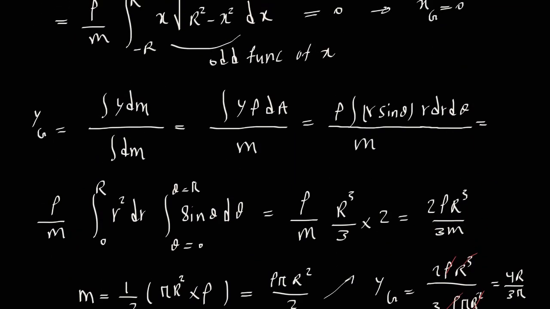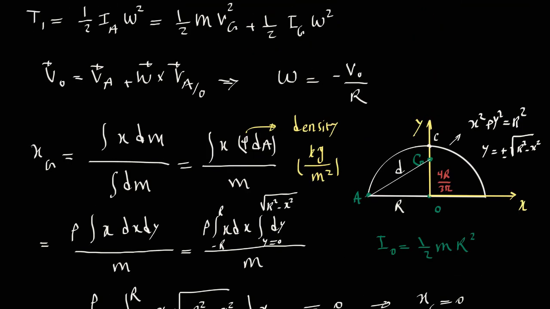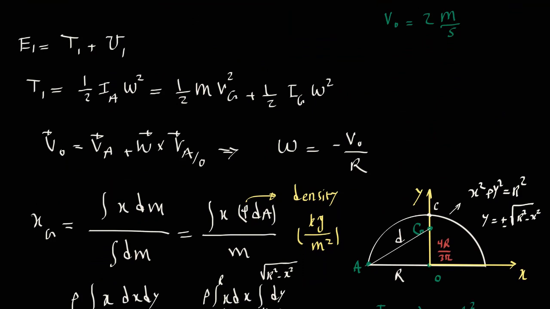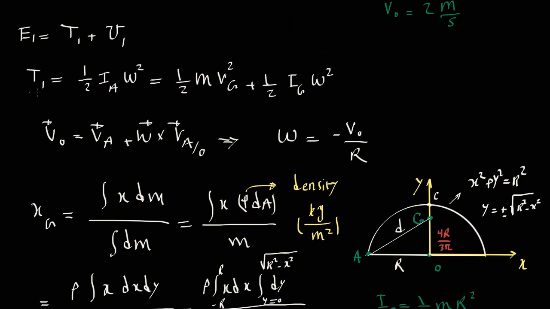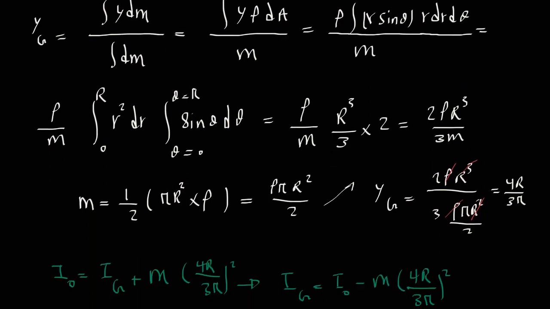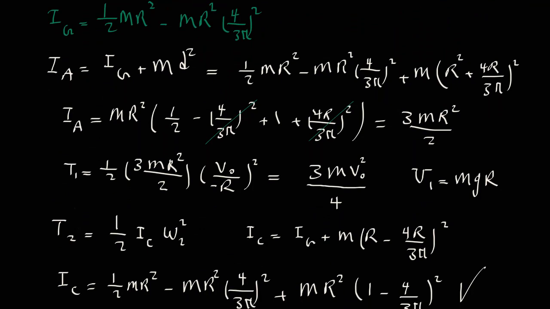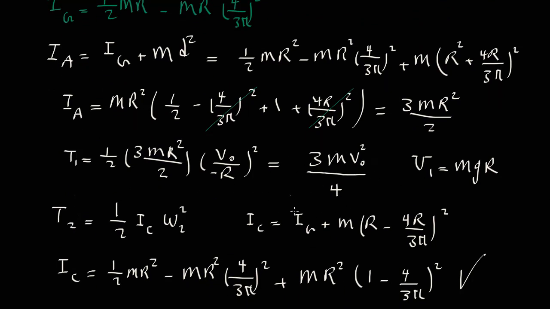So if we plug in the numerical values for m, r, and V0, we should be able to calculate T1. Where is T1? So basically this is T1.